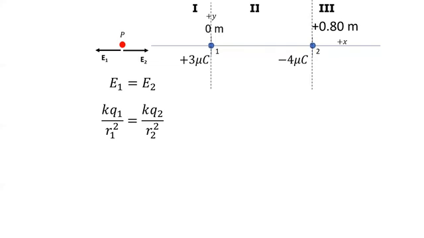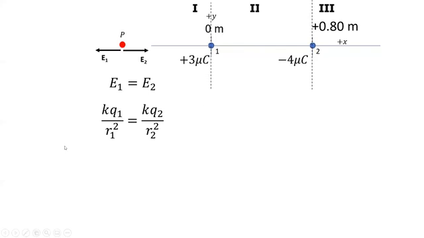We know the E field is given by kQ over r squared. So it's going to be kQ1 over R1 squared for E field 1 and kQ2 over R2 squared for charge 2. Since there's a k on both sides of the equation, that will cancel out. Also notice they're both microcoulombs, so times 10 to the -6 on both sides of the equation.